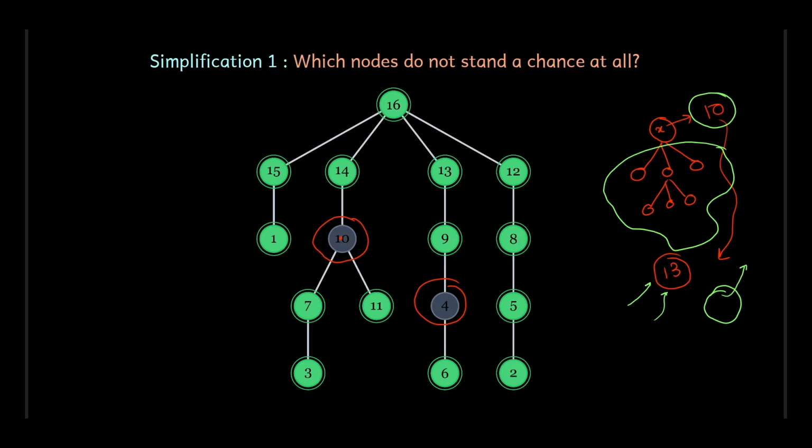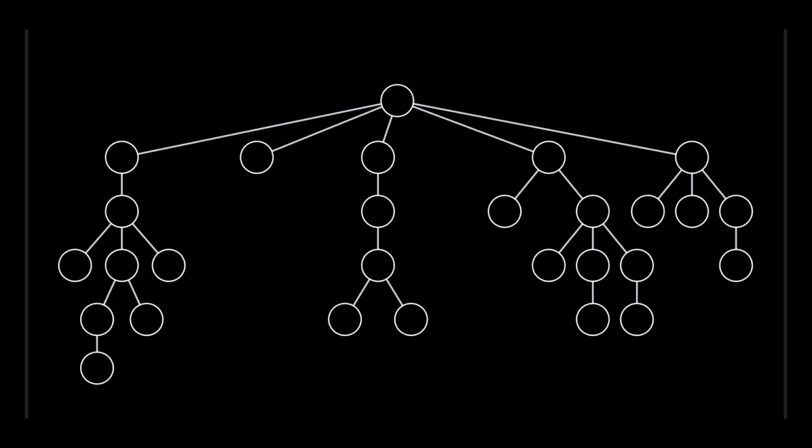So if you look at a general tree, and suppose this node is, let's say, 23, then this node will never ever enter the green set if and only if there is one element, let's say 27.